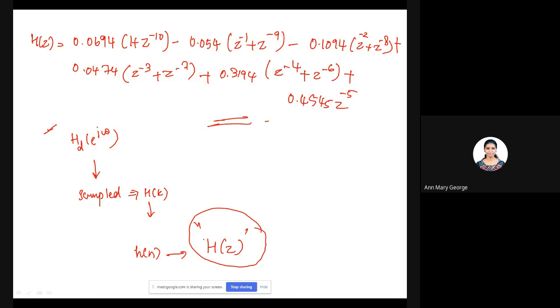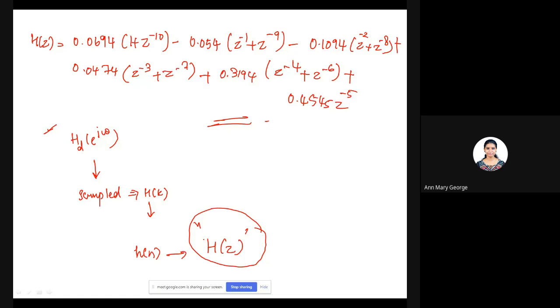Okay, this is the filtering. The system implementing the filtering operation is known as a filter. And the discrete time system is for the treatment of discrete time signals.